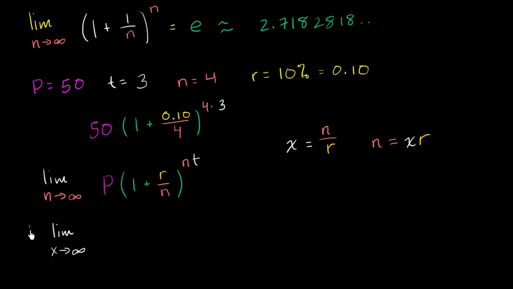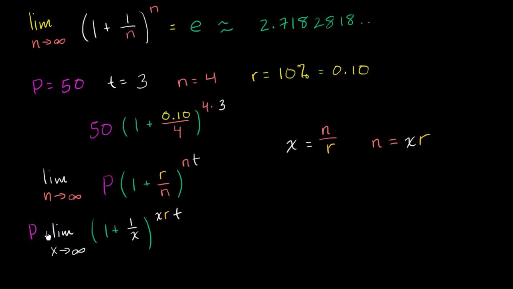So we could say that's going to be p times the limit as x approaches infinity of 1 plus, well, r over n is 1 over x. 1 plus 1 over x, to the, well, n is x times r, so let me write that, to the x times r, r times t power. T power.